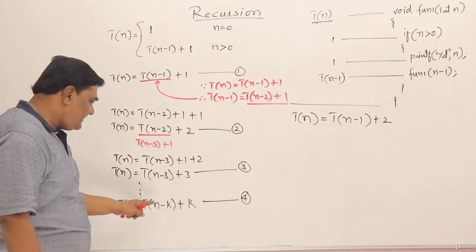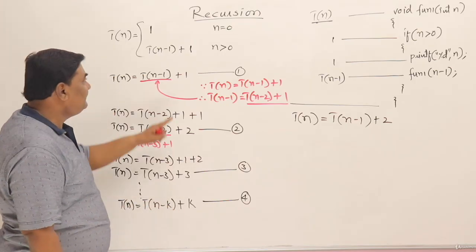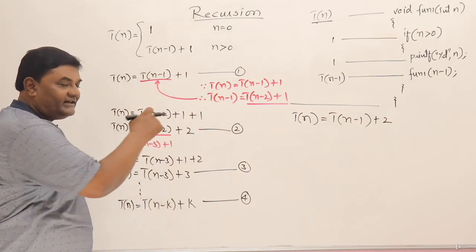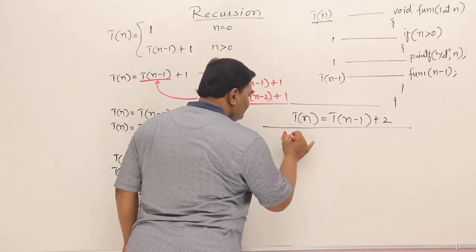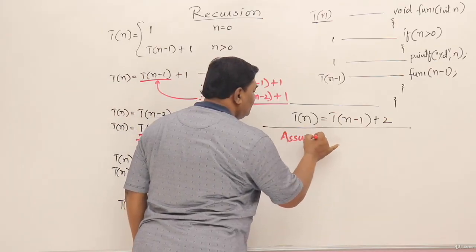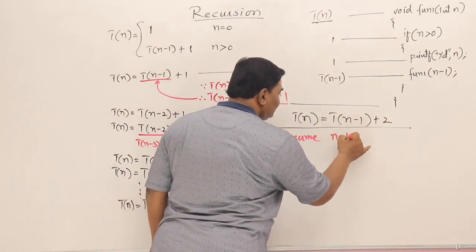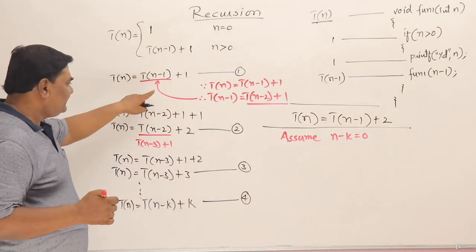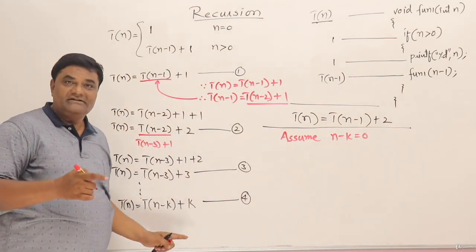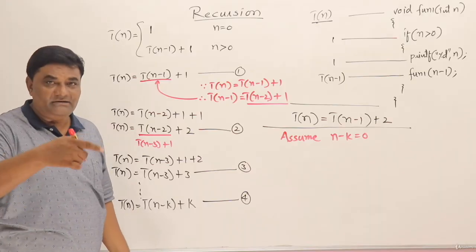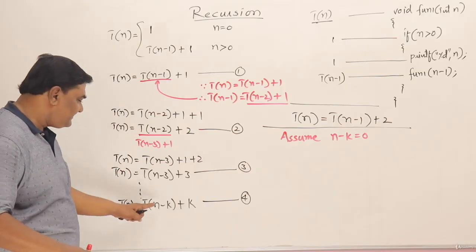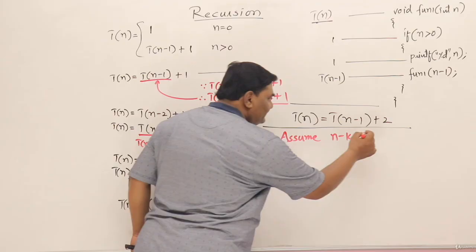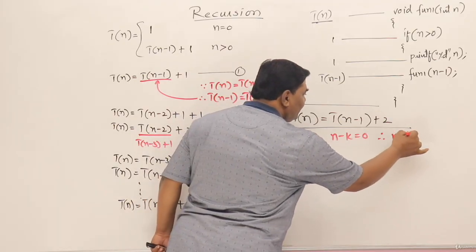Now we say that this n-k has become 0. So on that side I will write, assume that n-k = 0. It means we have n-1, that we made n-2, then n-3, and so on, up to what? It became 0. So we assume that this has become 0. Therefore, n = k.